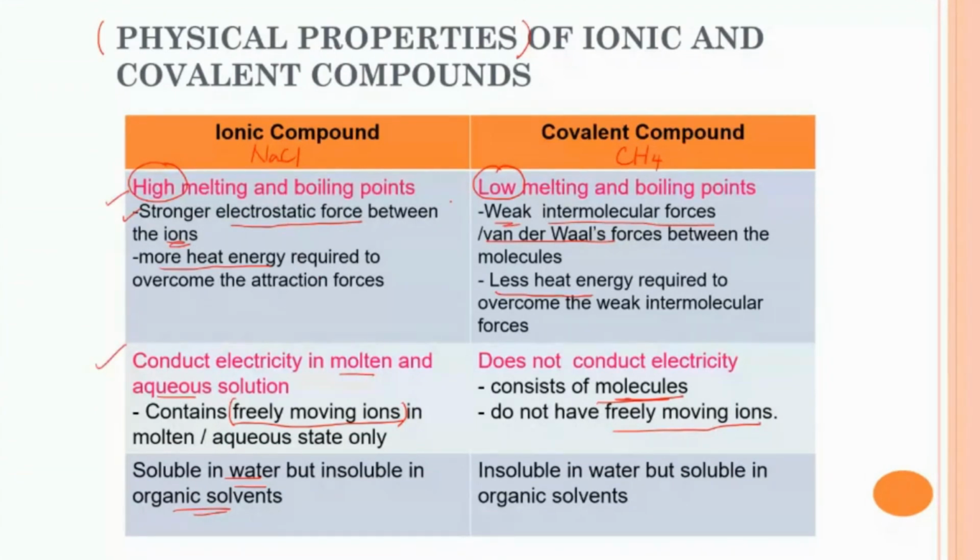You need to know how to explain and do the comparison. Normally we choose melting point, boiling point, and whether it can conduct electricity or not. Very popular questions here. Very simple, but students always forget what to write.